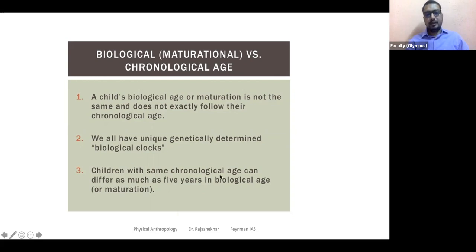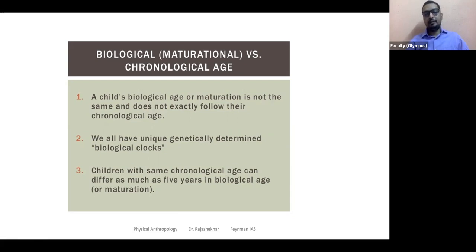Children, or humans, with the same chronological age can differ by as much as 5 years in biological age. There seems to be an average 5 years difference between our biological age and the chronological age.